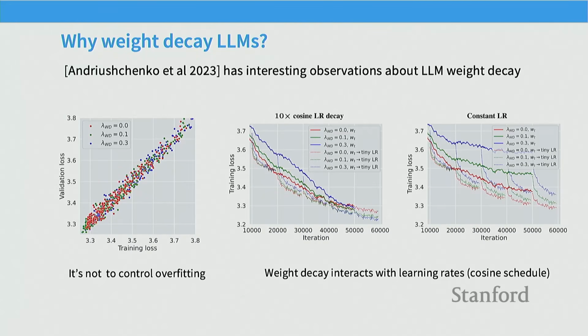And so the answer to the question I posed is, you don't use weight decay because you want to regularize the model, which is what it was designed for. You're weight decaying in order to get actually better training losses. And you end up doing that because of the various learning dynamics at the tail end of training as you decrease your learning rates to zero.